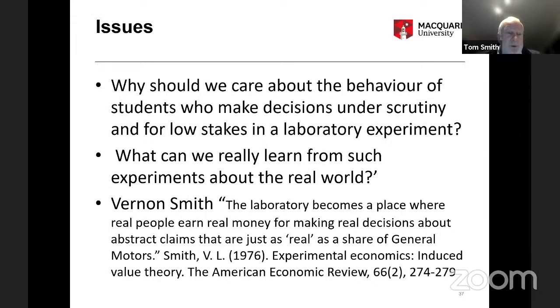In doing experiments, you do pay people to do the experiment, and what you pay them could depend on the outcomes. And of course, what you've got is an abstract claim, or the dependent variable might be abstract, but so is a share of General Motors. It's a share of a joint stock company. It's quite an abstract thing when you think about it.